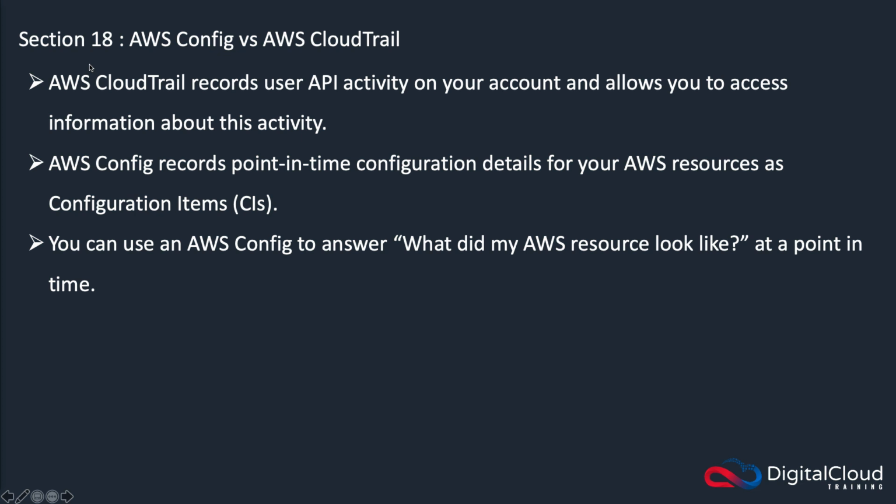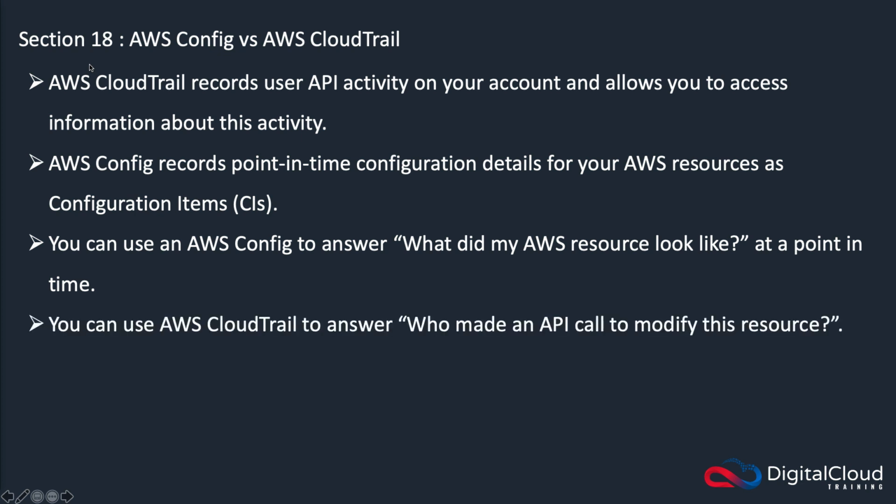So you use Config to answer the question, what did my resource look like at a specific point in time, whereas you use CloudTrail to answer the question, who made an API call to modify this resource. So you might use these two tools together, but they do slightly different things. So hopefully that clears that up.